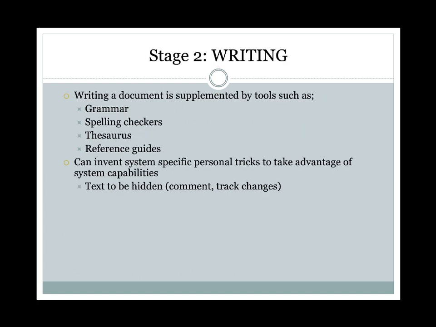And stage two is about the writing part. Other than the design, we need to do the writing. Writing a document is supplemented by tools like grammar and spelling checkers, a thesaurus, and also reference guides.